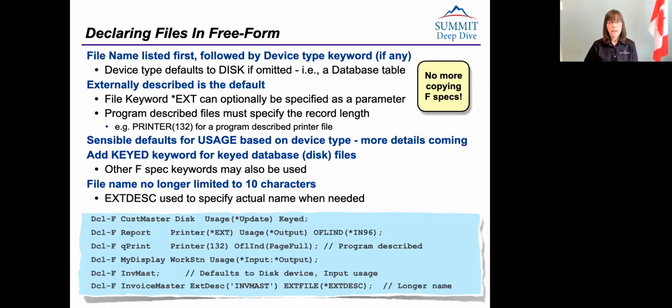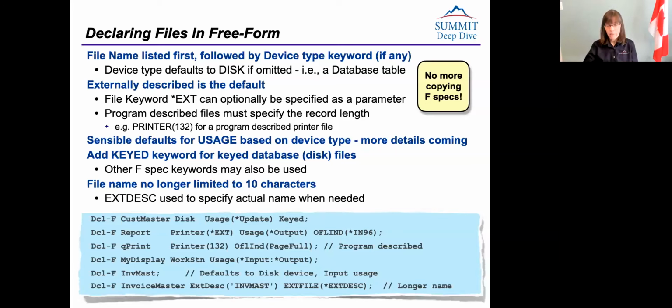So you can put the keyword option *ext in if you want, right after the type of file, like the printer. You can see the printer down here that says the report that was declared down here with the printer *ext. You can specify it if you want, but it's going to be assumed if you don't specify it, it's going to be external.